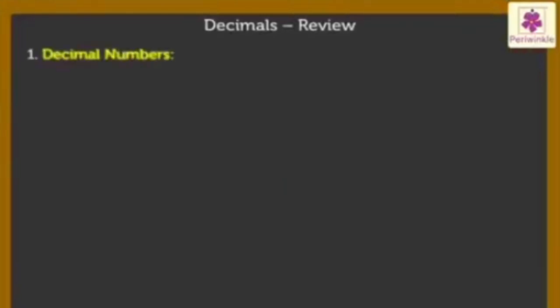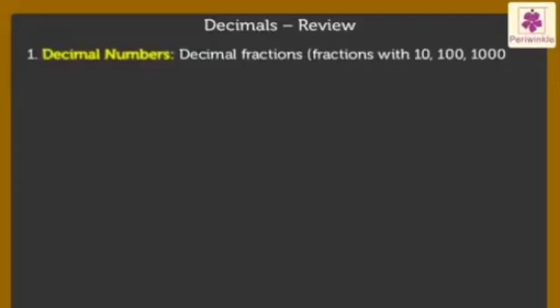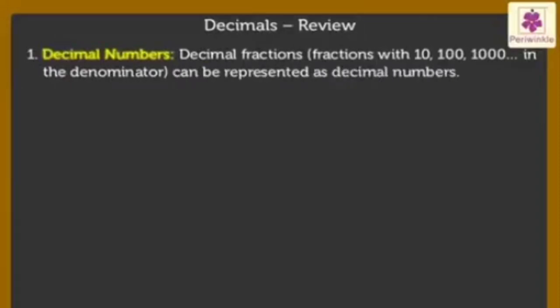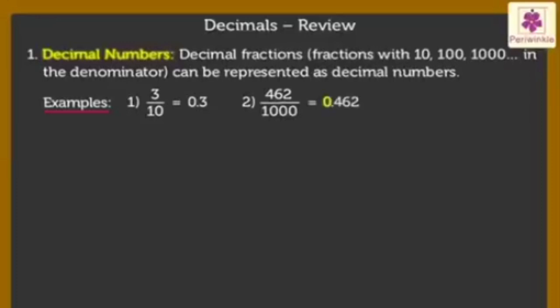Decimal numbers. Decimal fractions, that are fractions with 10, 100, 1000 and so on in the denominator, can be represented as decimal numbers. For example, 3 upon 10 is represented and read as 0.3. 462 upon 1000 is written and read as 0.462.